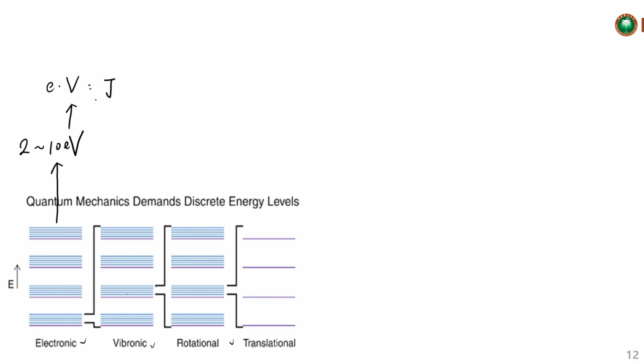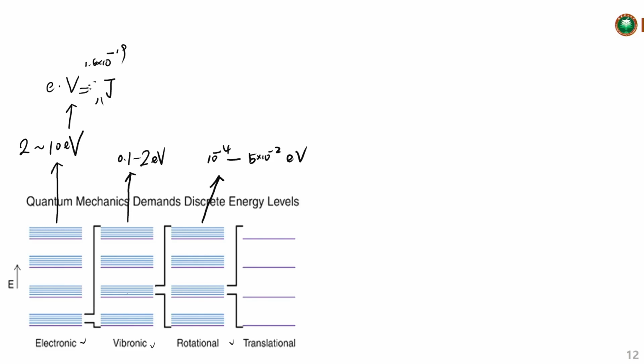It equals 1.6 times 10 to the power minus 19 joules. The difference for the vibrational energies between two neighboring levels is around 0.1 to 2 electron volts. And for the rotational energy levels, it is much smaller: 10 to the power minus 4 to 5 times 10 to the power minus 2 electron volts.